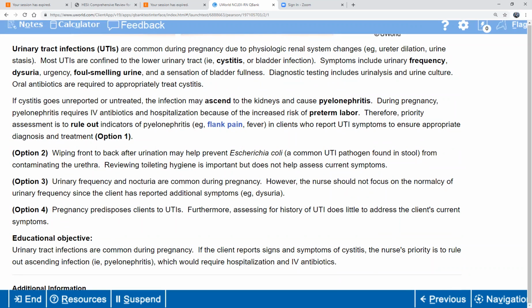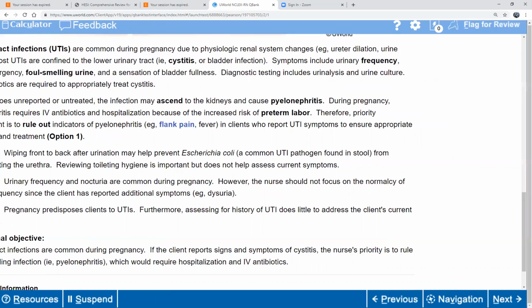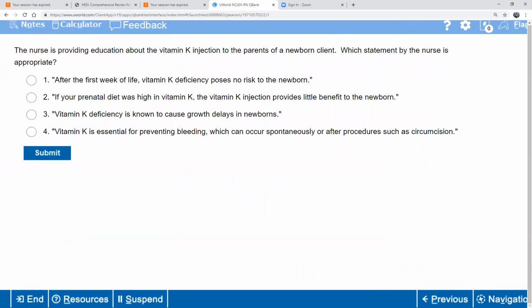And again, you could talk about the toileting hygiene, but that doesn't help assess what's currently going on. Assessing for the history of the UTI isn't going to address her current issue. Okay, good.